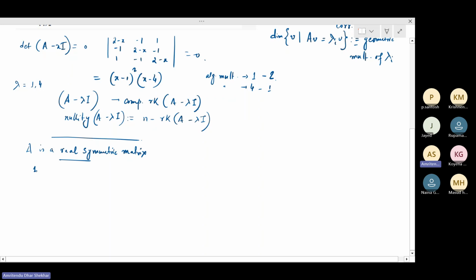A real symmetric matrix always has real eigenvalues. So essentially we have A transpose is equal to A.